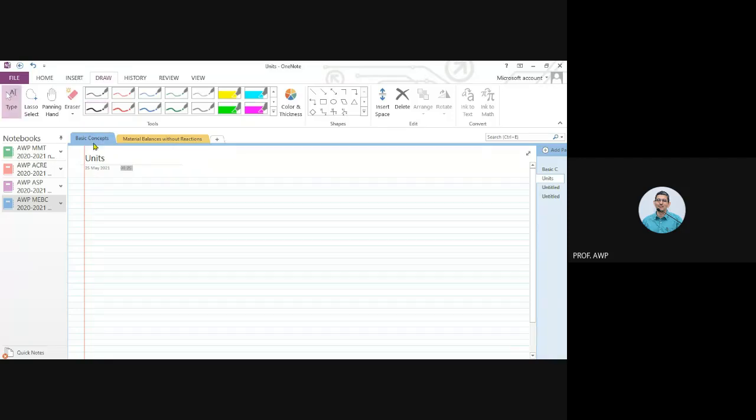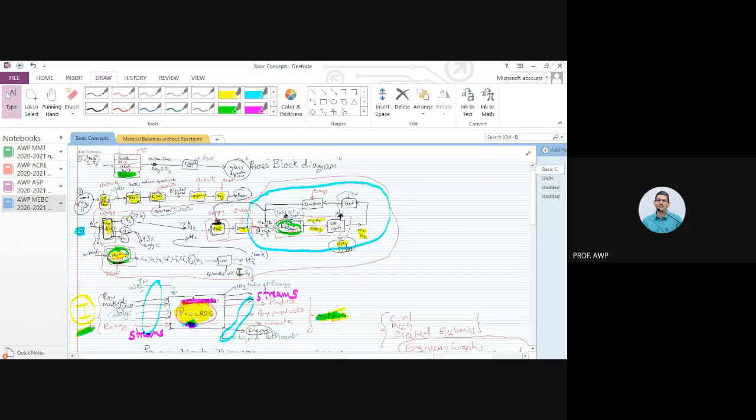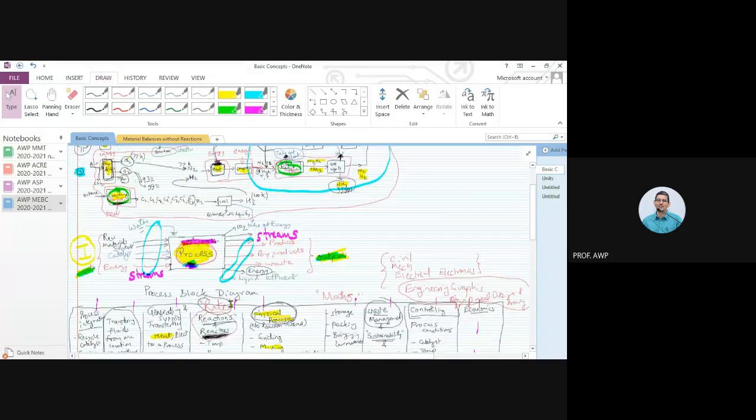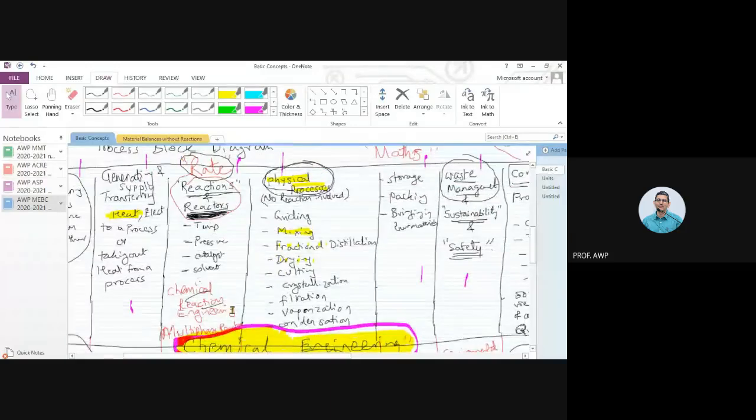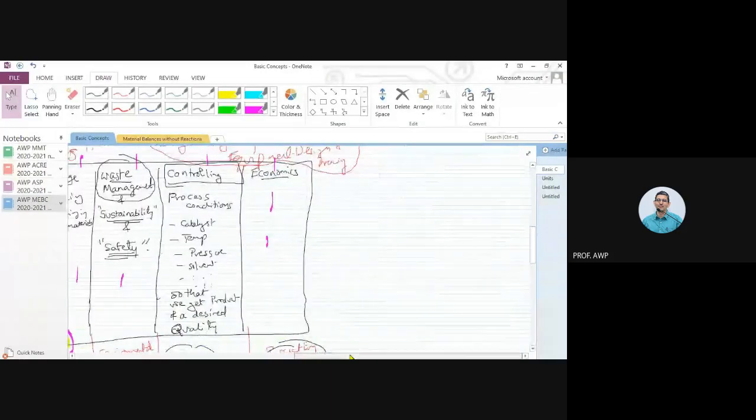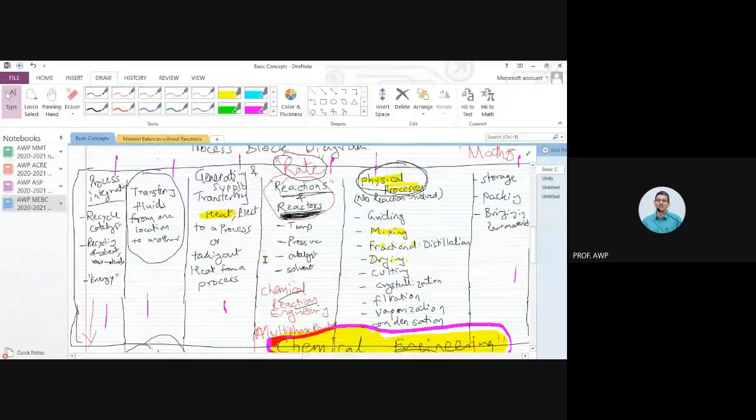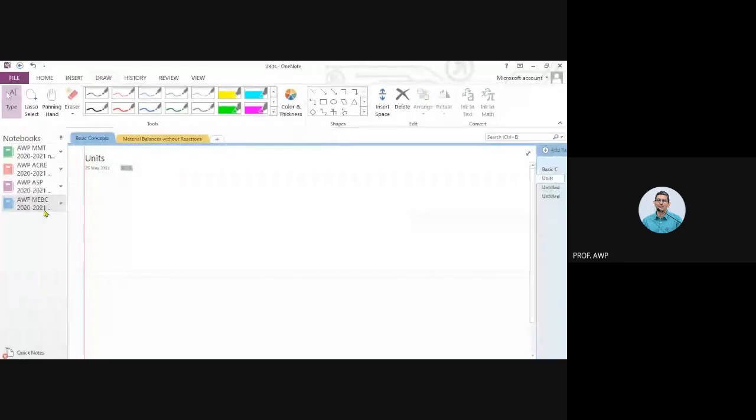In all these cases, whatever you are going to do, you are going to have to communicate different things to other people. You might have to communicate temperature, pressure, concentration, the rate at which something is coming in, something is going out.